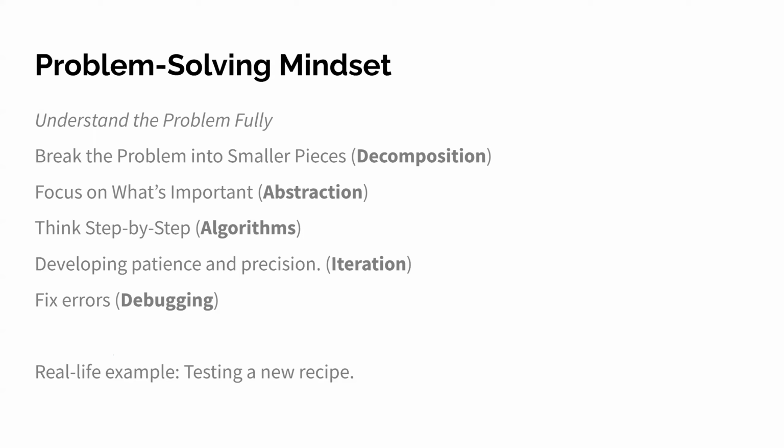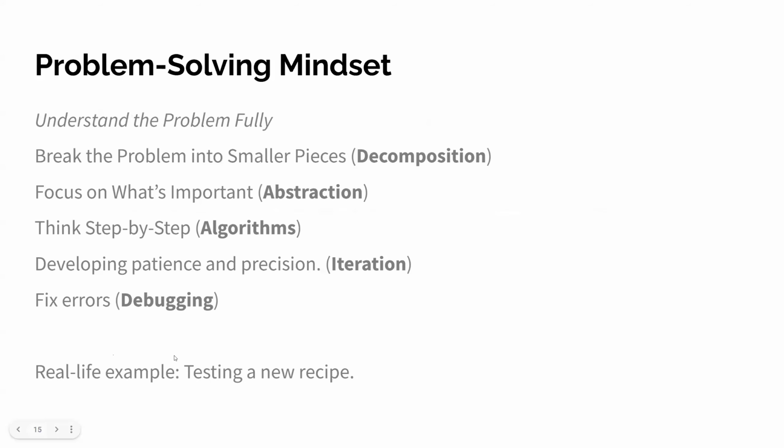Then you have the tools to solve this problem: break down the problem into smaller tasks, smaller pieces, focus on what is important, abstraction, think step by step, logical steps, iteration, patience and precision with conditionals, and finally, fixing errors.